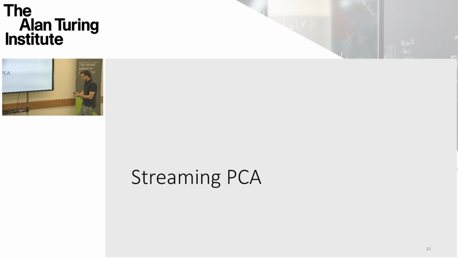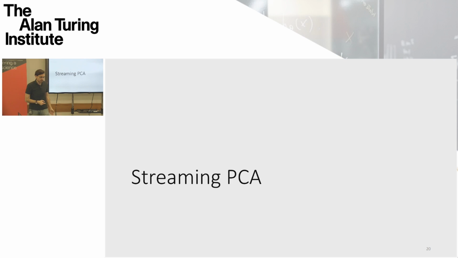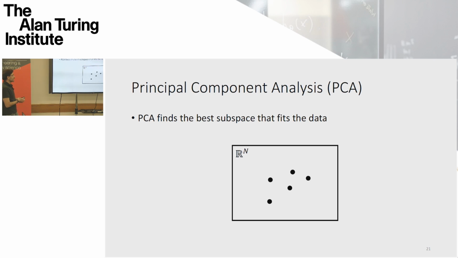All right, so the last example here is I want to talk a little bit about streaming PCA. Principal component analysis, if you have some data, finds the best subspace that fits the data by minimizing the sum of distances to data points.